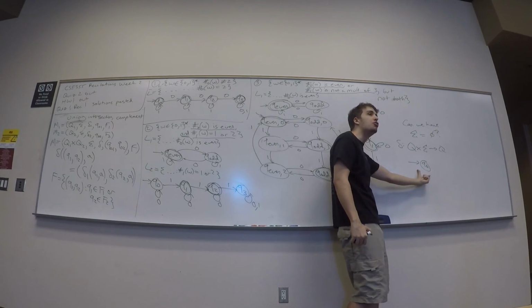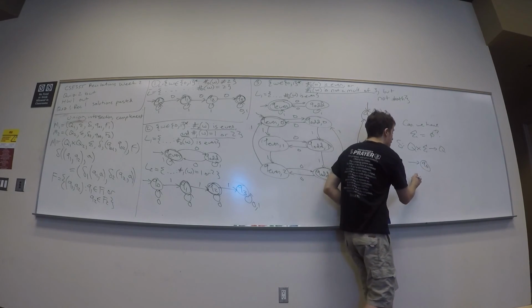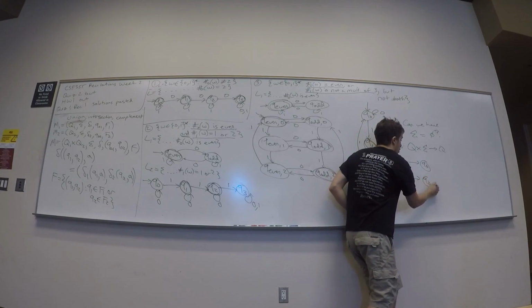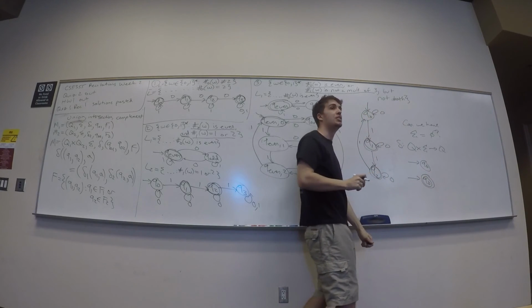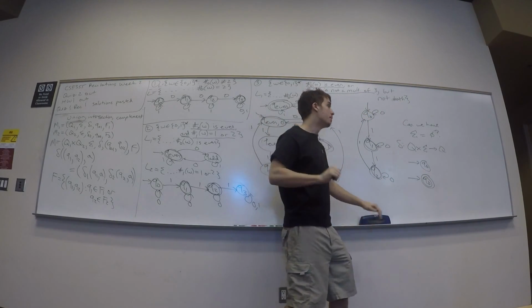Well, I could have this one, or what's the other possibility? I didn't mark this as accepted, right? So the other DFA is the exact same thing, but as a final state.